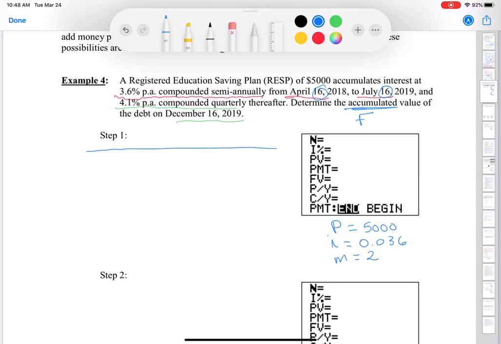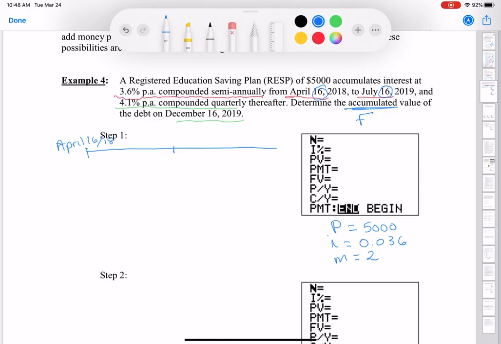All right, so we are starting on April 16th, 2018. And we have to count to July 16th, 2019. So the first thing we need to determine is what comes first. Does April come first or does July come first? And April comes first.